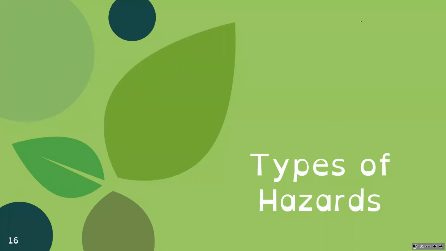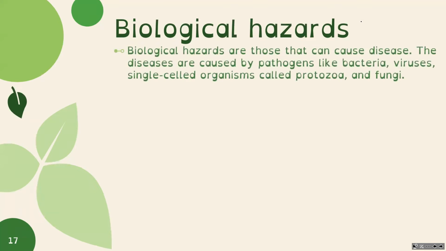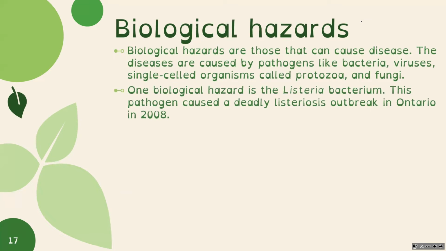So first, we're going to talk about some types of hazards. So biological hazards are those that can cause diseases. So the diseases are caused by pathogens like bacteria, viruses, single-cell organisms called protozoa and fungi, which we've talked about before. One biological hazard is Listeria bacterium, which we've also talked about before. This pathogen caused a deadly listeriosis outbreak in Ontario in 2008.